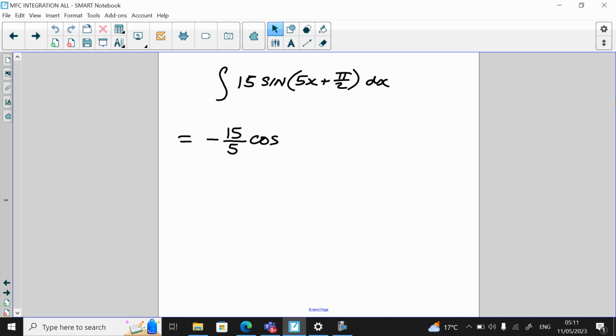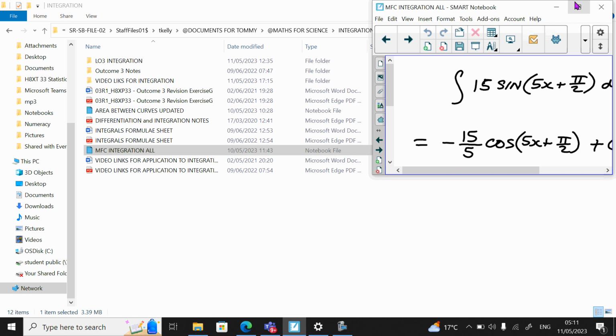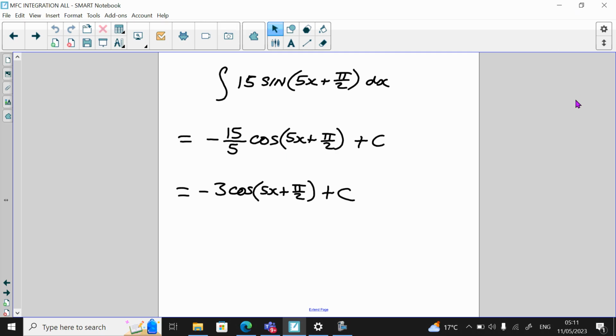Sine goes to cos, bring the bracket down, and don't forget your plus c, but I think we can tidy up the 15 over 5 there. So that will just become negative 3 cos of the bracket plus c. Okay, that looks fine to me. Let's move on.